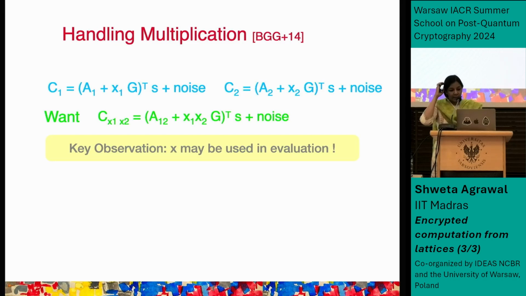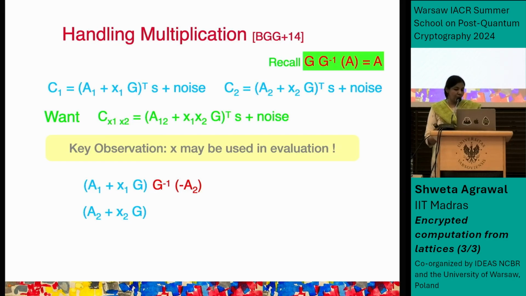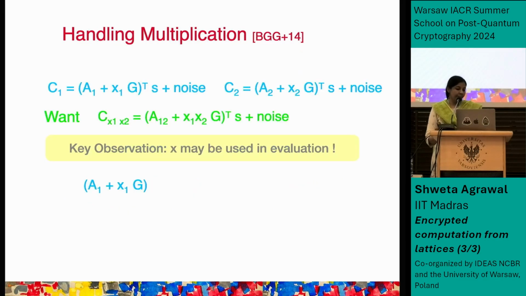So note that I can use x in doing this evaluation. So here is my first matrix. Now, if I multiply my first matrix with G inverse of minus A2, and I multiply my second matrix with x1, and then I add these, then this term goes away.